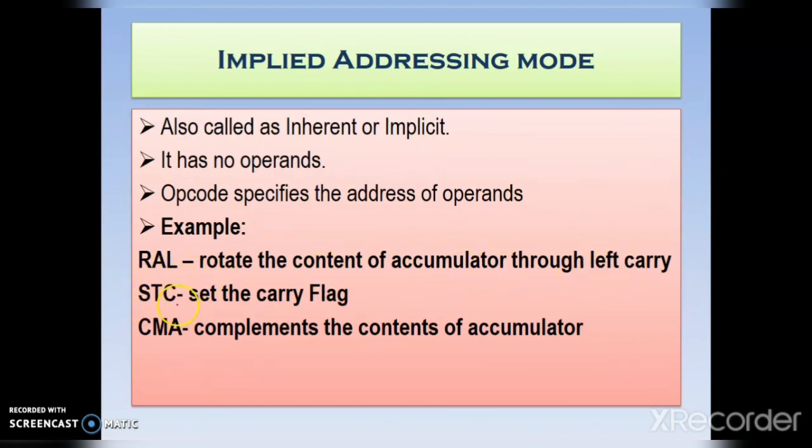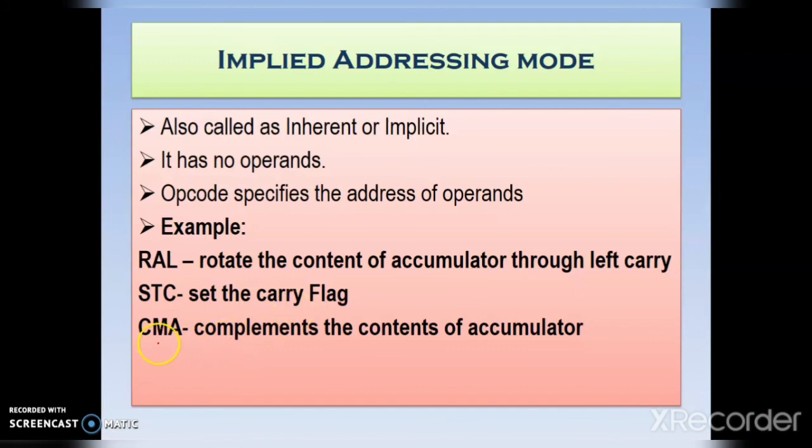And STC means it sets the carry flag. I already explained the flag register concept in the 8085 hardware architecture. The function of this STC instruction is that it sets the carry flag. 1 means it sets the carry flag, 0 means it resets. So whatever bit is allocated to the carry flag, it sets that bit accordingly, depending on the result of the arithmetic and logical operations.